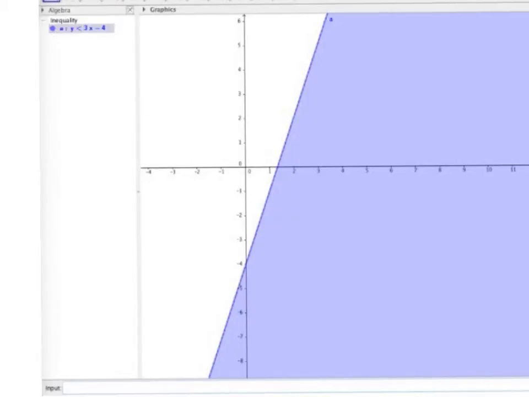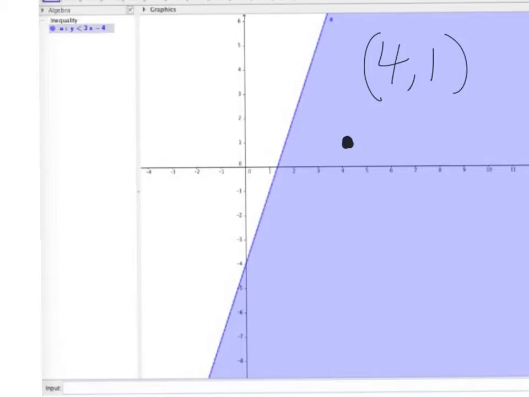For example, if I pick a point over here, such as 4, 1, and I plug that into the inequality, you'll see that it makes it true. 4, 1 is located, let me move that, right here, and so it's in the blue region.